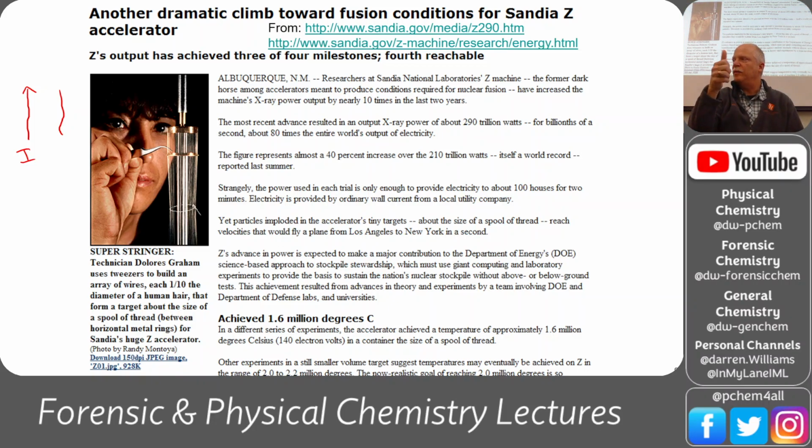As it ramps up, it creates a magnetic field. That's the right-hand rule. It's going to go around that wire in a clockwise manner. So it's going to create a magnetic field like this, B, or let's call it Z because that's what they call it.